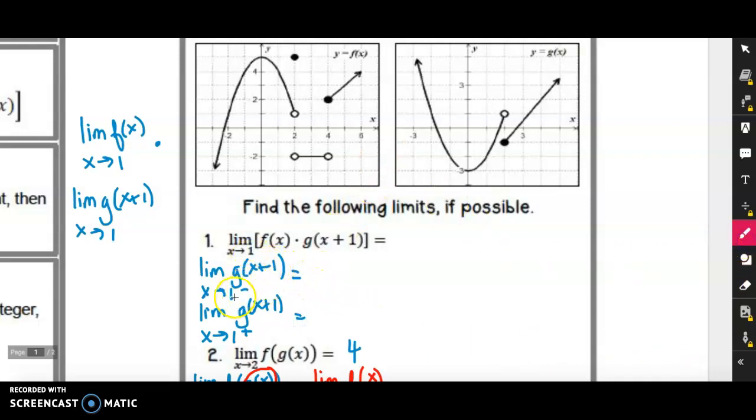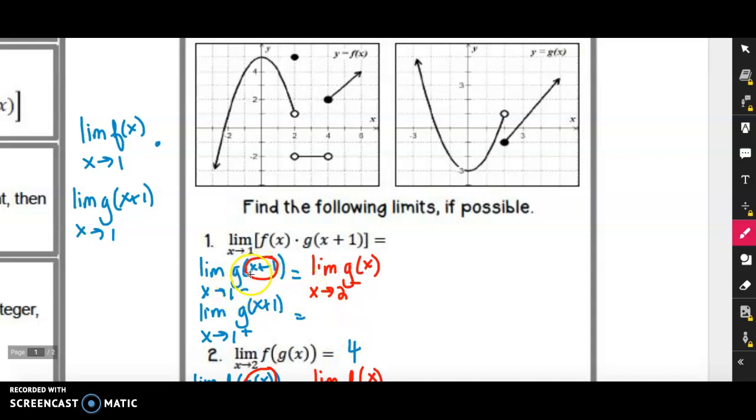All right, so as I approach 1 from values that are less than 1, I'm going to be plugging in like 0.9, 0.999, 0.99999. And so then this gets very close to 2, but it will always be less than 2.